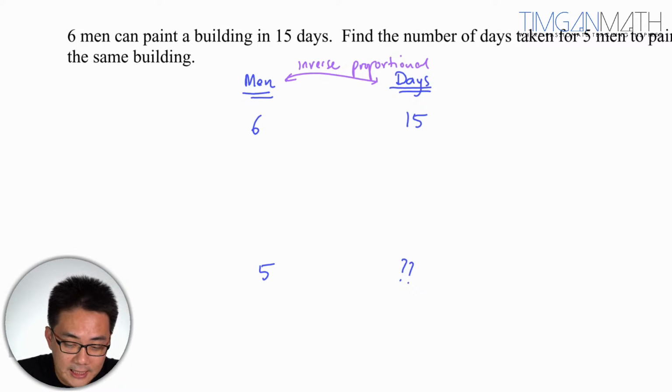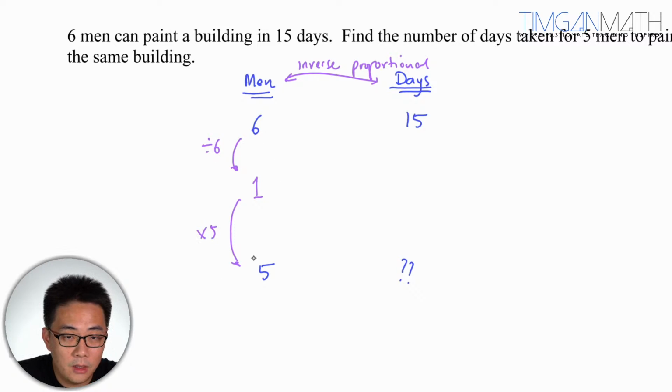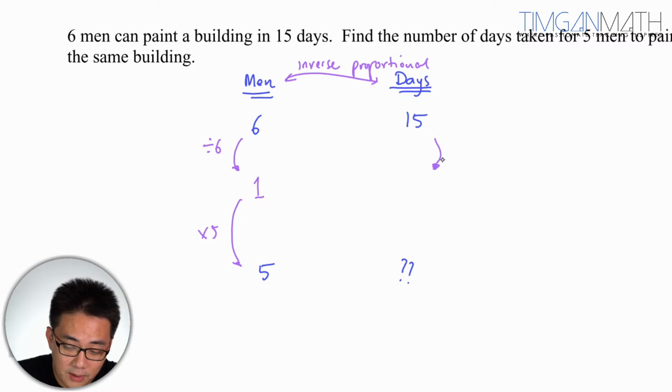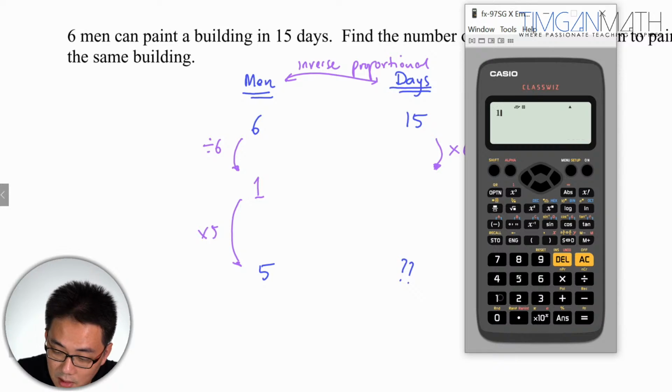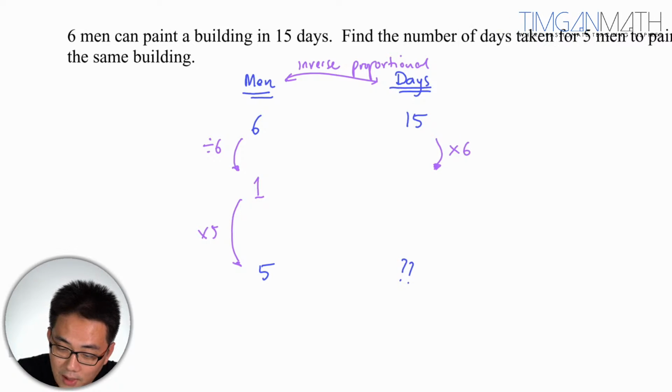So in this case, what I need is actually to change this to 5. The first thing, typically what we'll say is just change this to 1 first, then after which multiply with 5 for this side here. Because it's inverse proportion, when you're dividing this by 6, this over here would be multiplied by 6. So this will be 15 times 6, meaning to say one man would complete the job in 90 days.